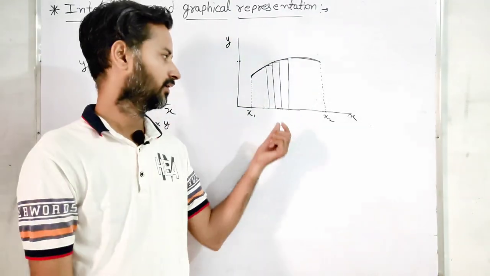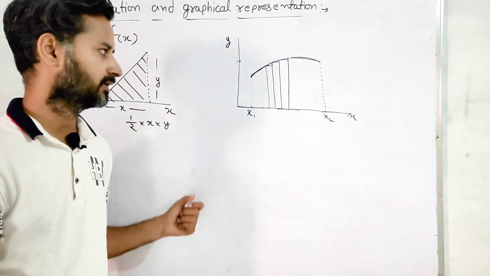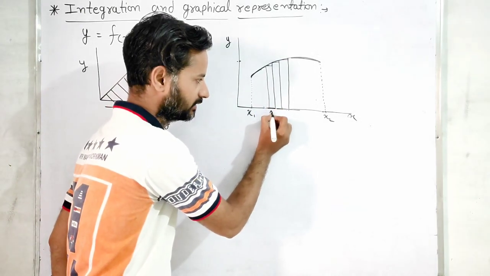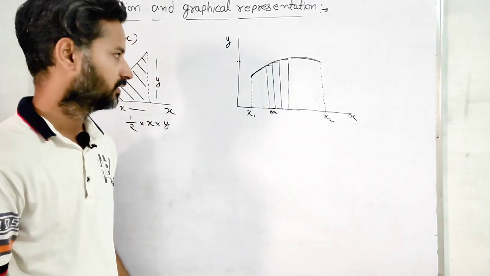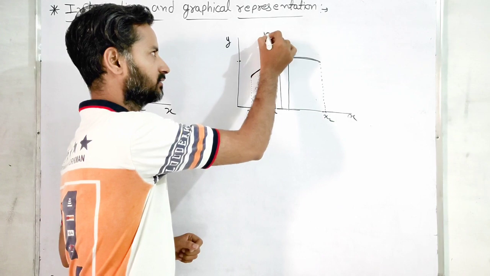Here I have created three rectangular strips of thickness del x and a height of y. Then the area of this strip will be y del x.